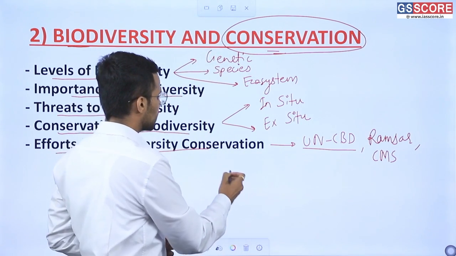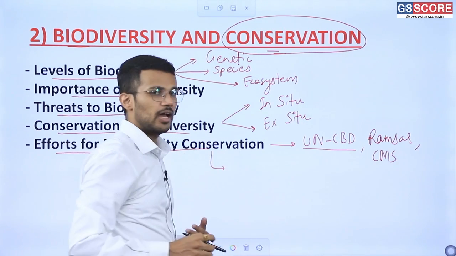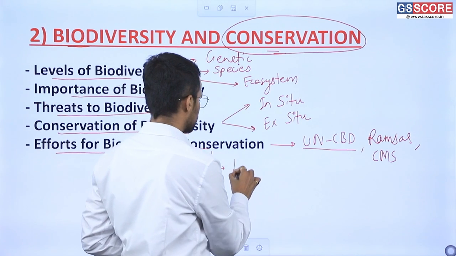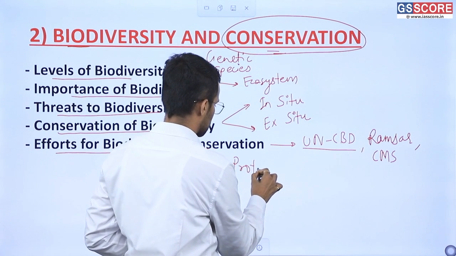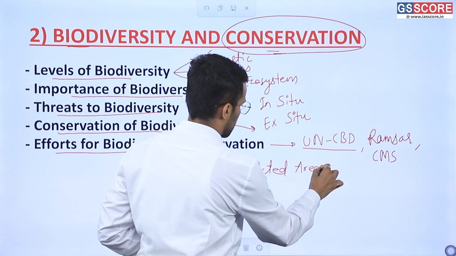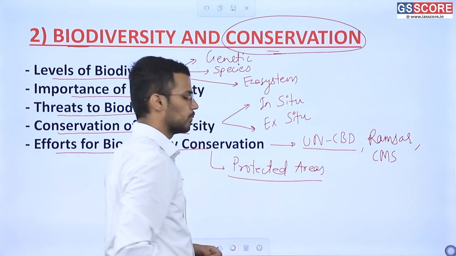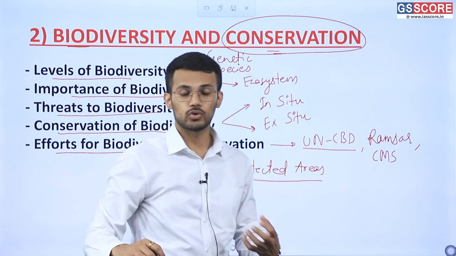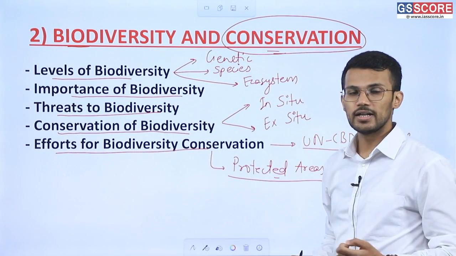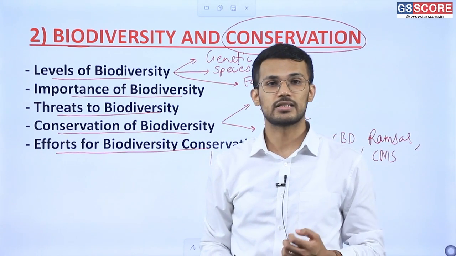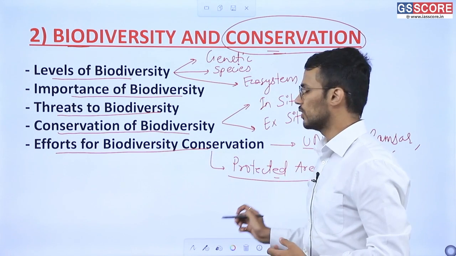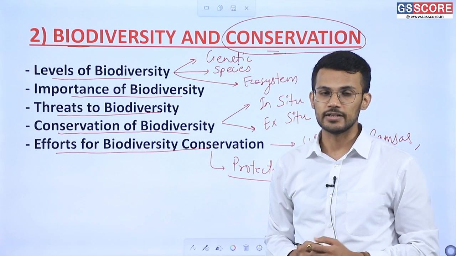So apart from these international conventions, even India has taken a few steps to conserve biodiversity. For example, creation of protected areas. Creation of protected areas is an important step taken by the government of India, or we can say the authorities in India, right? So protected areas like wildlife sanctuaries, national parks, community reserves, conservation reserves, these are the important steps taken for the conservation of biodiversity in India.